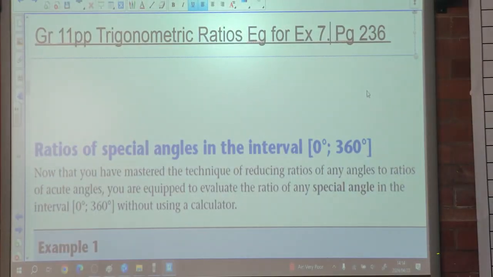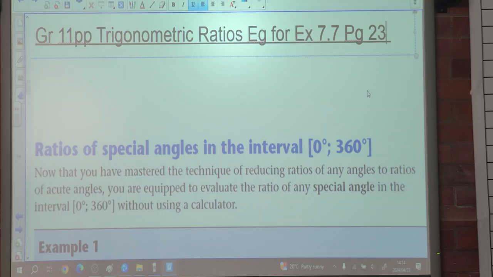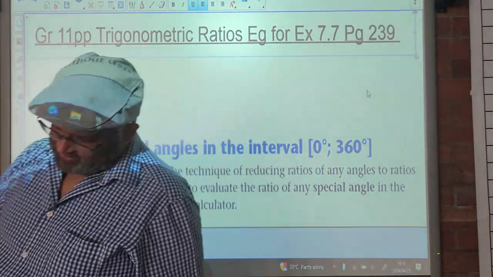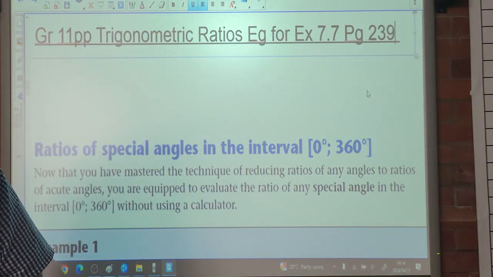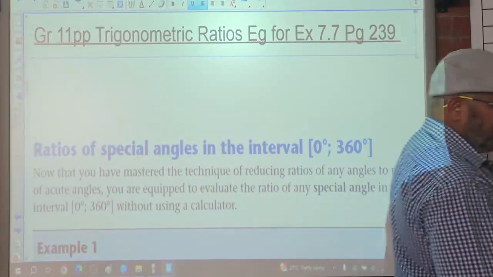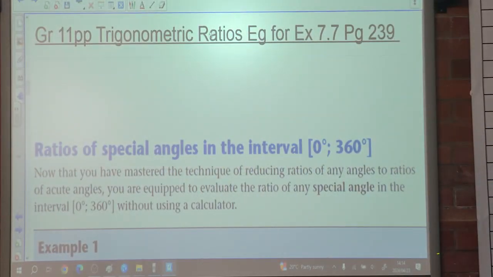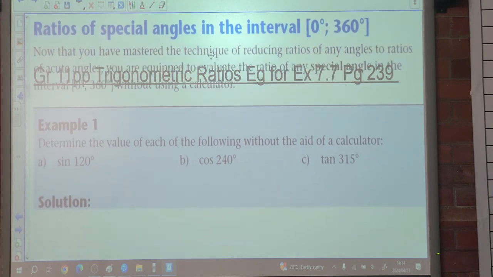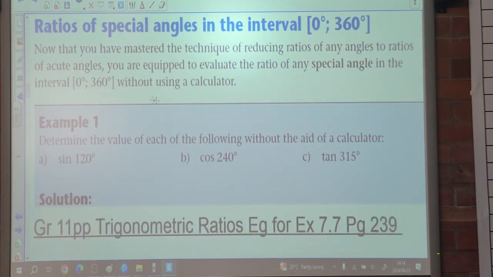Exercise 7.7 is on page 239, and the examples are on page 237. As I said, the heading for today is the ratios of special angles in the interval 0 to 360 degrees.